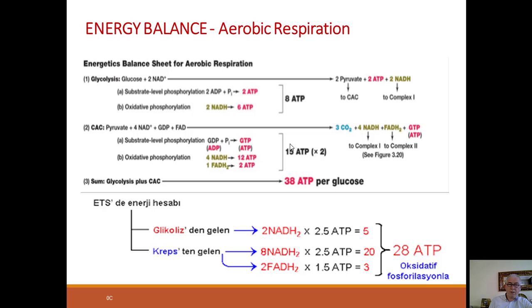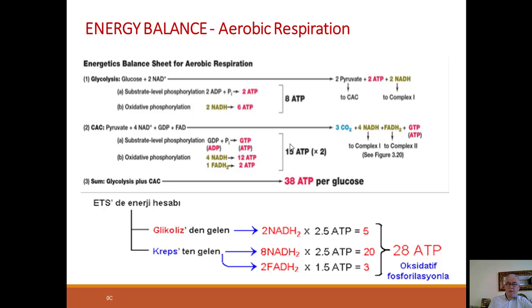This reaction occurs 2 times because the 6-carbon sugar breaks down into 3-carbon molecules. After that, in the citric acid cycle we can produce 3 NADH, 1 FADH2, and 1 GTP per turn, over 2 turns. In total we produce 6 NADH, 2 FADH2 and 2 GTP.